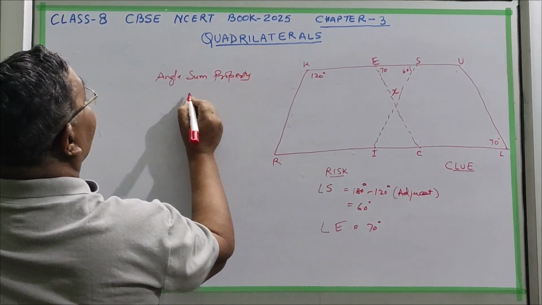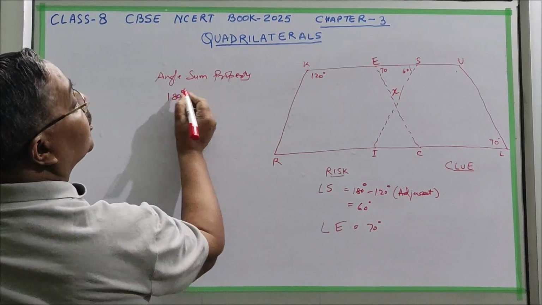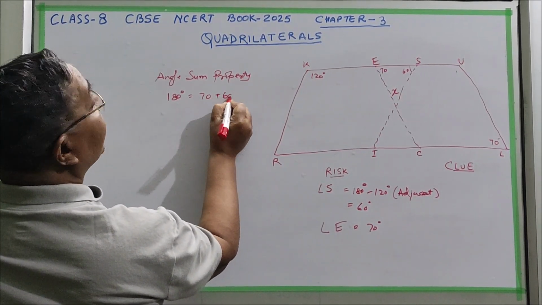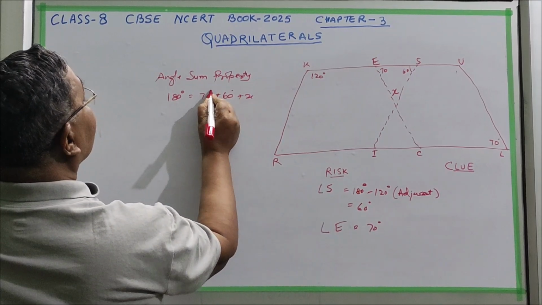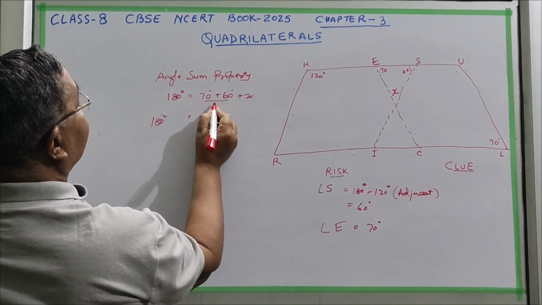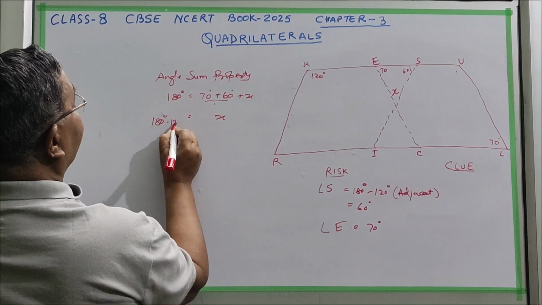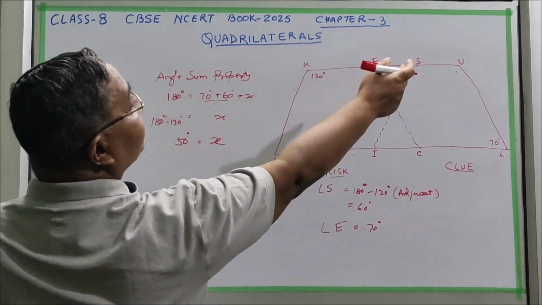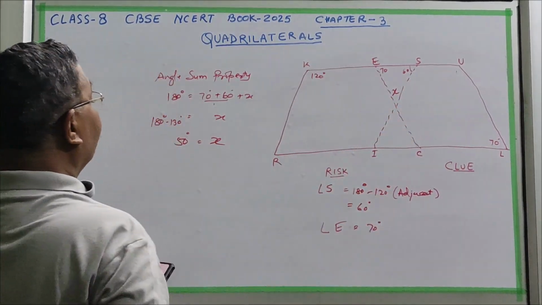It should be 180 degrees. So 180 degrees will be 70 plus 60 plus x. So the value of x will be 180 degrees minus 130 degrees. So x will be 50 degrees. So the value of x is 50 degrees.